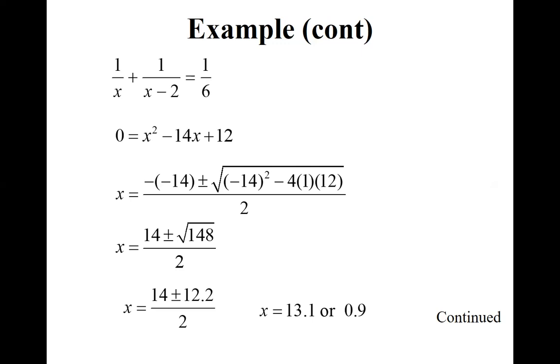And if we subtract 2 from 0.9, we get a negative time. We can't have a negative time.